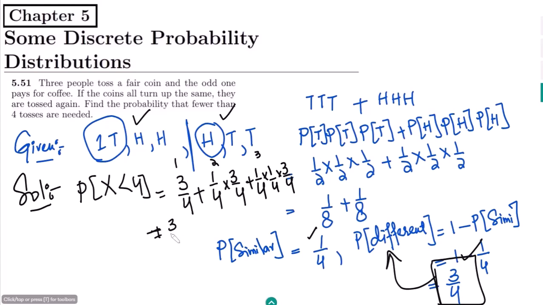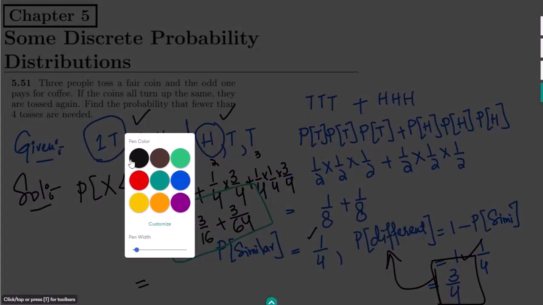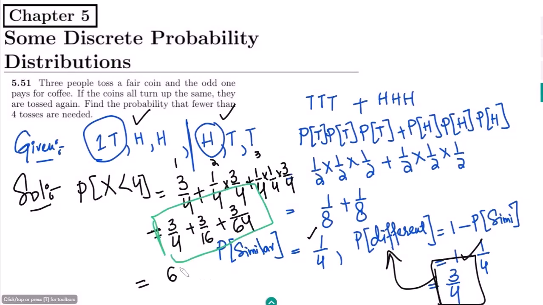Writing them, it will be 3 by 4 plus 3 by 16 plus 3 by 64. Adding them all together, the answer would be 63 by 64.